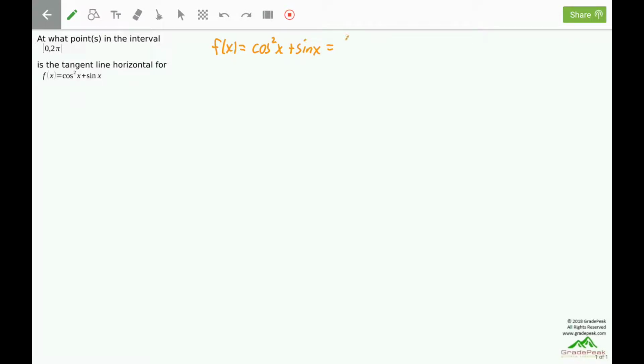Before we take the derivative, let's rewrite that cosine squared of x as cosine of x quantity squared so that we can see how to take the derivative for that term. The derivative, f prime of x, will be, the first term is the power rule to start off. Bring the power down, leave the inside alone, subtract 1 from the power, and then multiply by the derivative of the inside to complete the chain rule.